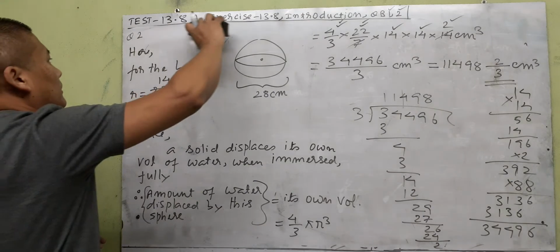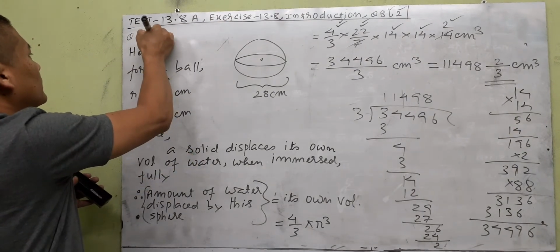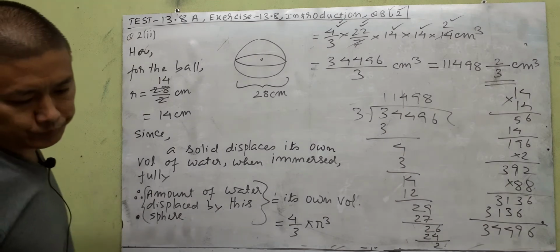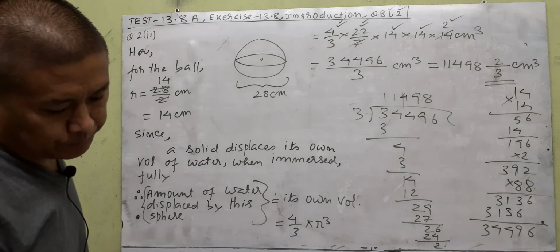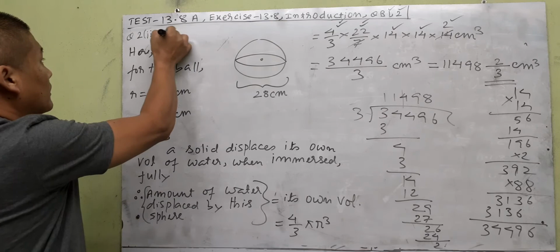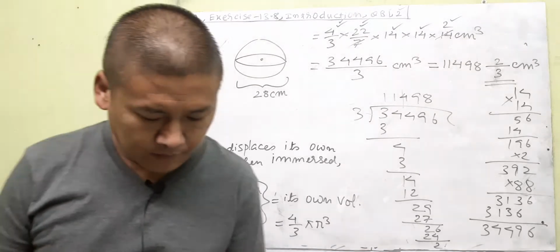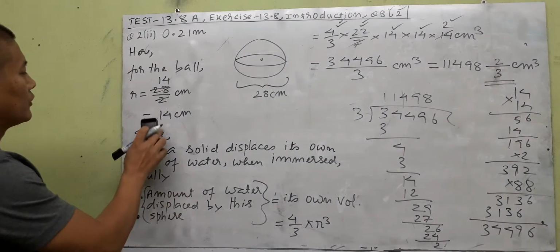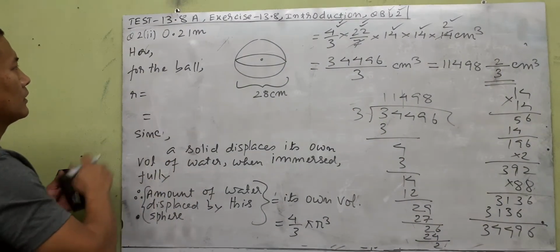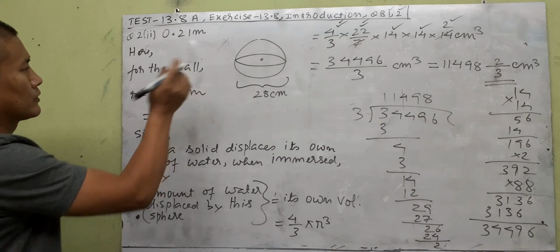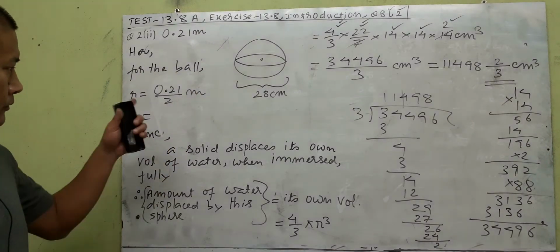The last question for this test portion, subheading 2. Here the diameter is given as 0.21 meter. Let's be careful with that. So here for the ball, the radius will be 0.21 divided by 2 meter, because radius is diameter divided by 2.